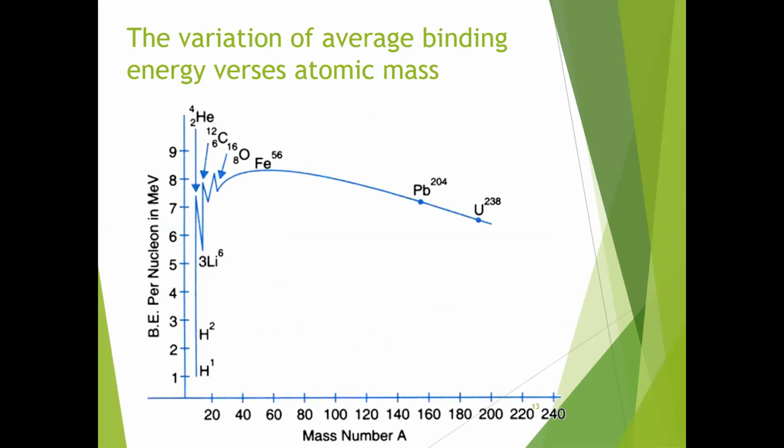From this, we can conclude that this gives the stability of the nucleons. As I said, the number of protons or neutrons equal to 2, 4, 8, 20 and so on has maximum stability.